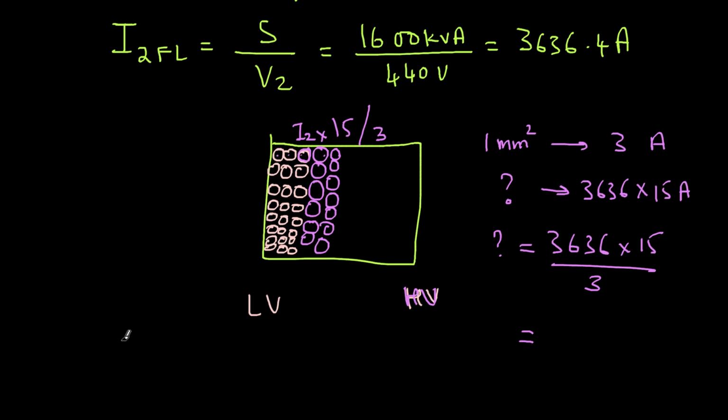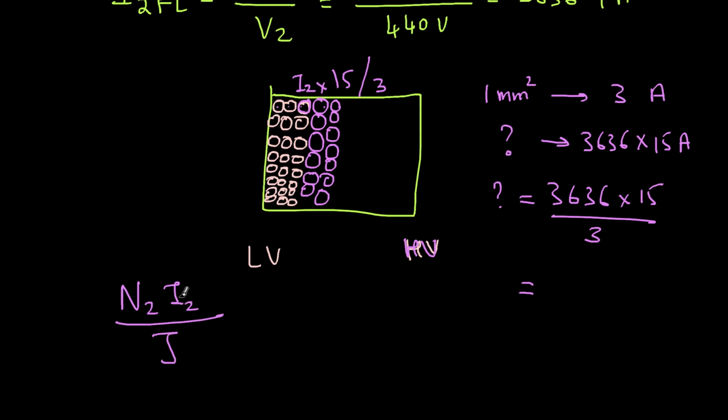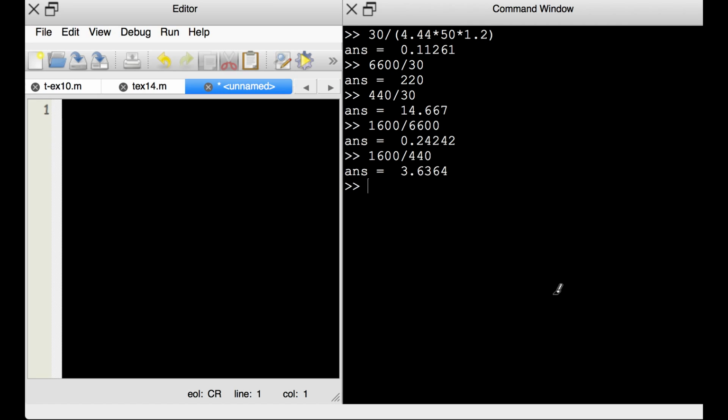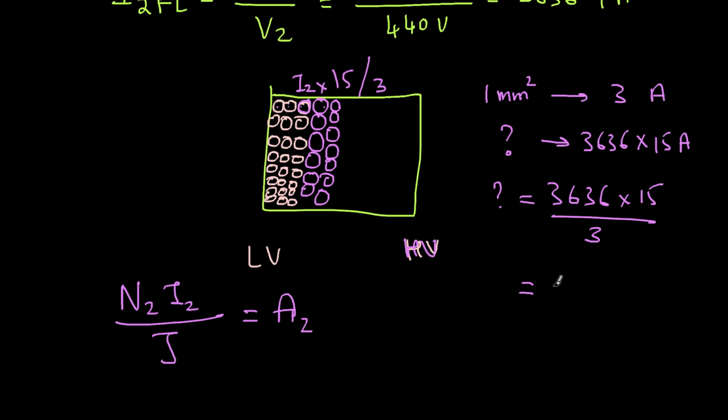In other words, N2 I2, the total ampere turns, divided by J, the current density, gives me the area required for the low voltage winding, A2. So 3636 multiplied by 15 turns and divided by a current density of 3 amperes per mm square. I am getting 18180 mm square.